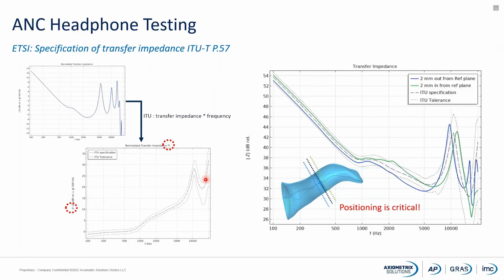But I think in some cases, it's more important to be able to properly define the positioning of our device under test in the ear canal, particularly for in-ear devices, because as we can see here on the chart on the right, just a 2 millimeter variation from the reference point, being the black dash curve over here, will give us a completely different transfer impedance that in some cases will be outside the ITU specified tolerances.